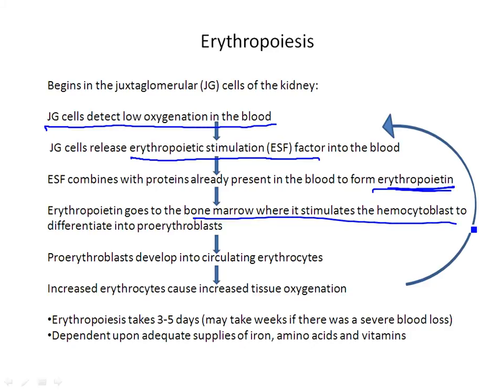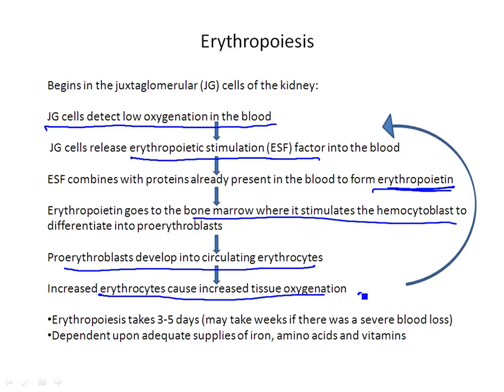Now, once you get these red blood cells forming, they're going to start getting thrown back into the circulation, and so now you're going to have more and more red blood cells circulating, and as you do that, you increase your ability to carry oxygen. Well, now this increased oxygen carrying capacity says everything's fine. Our tissues are getting all the oxygen they need.